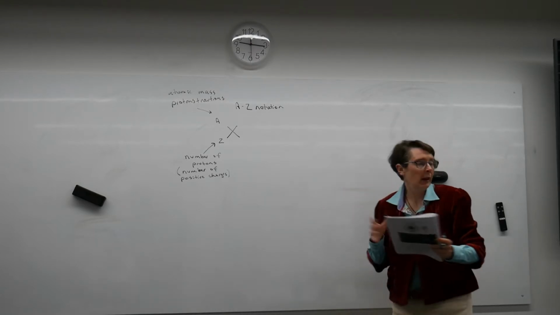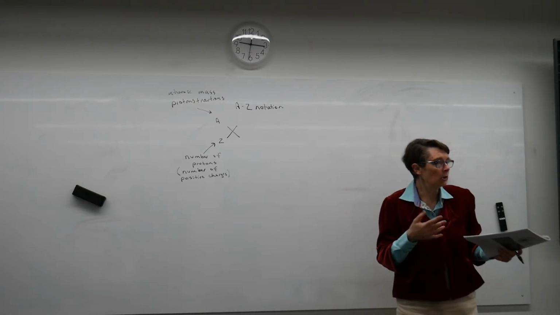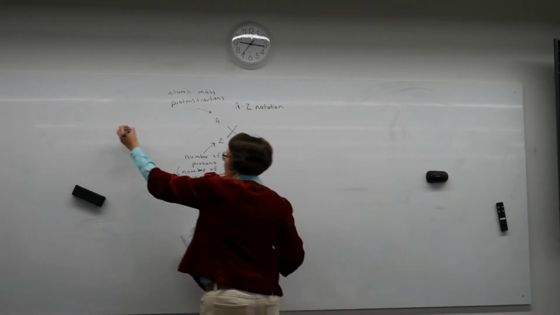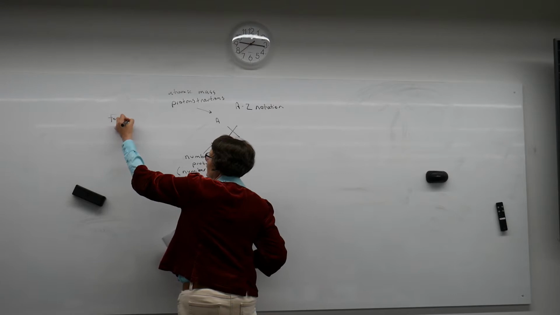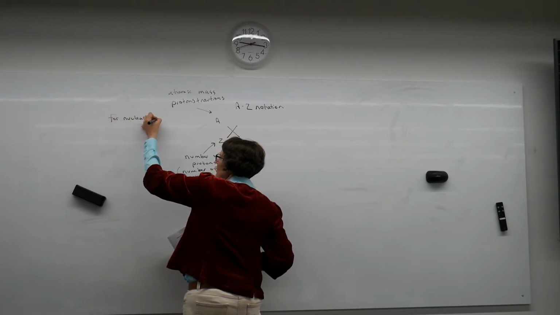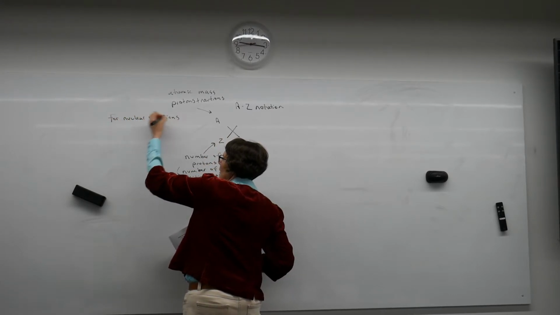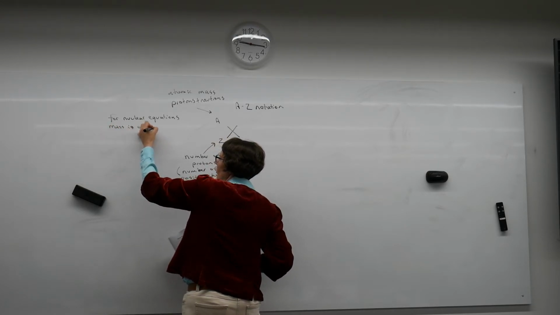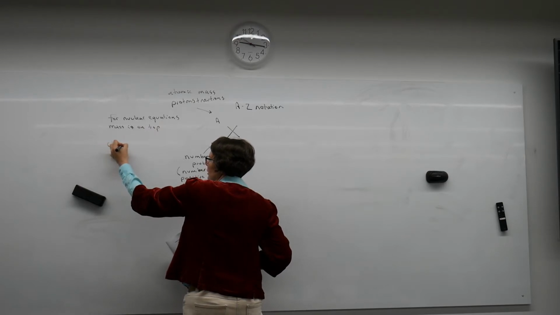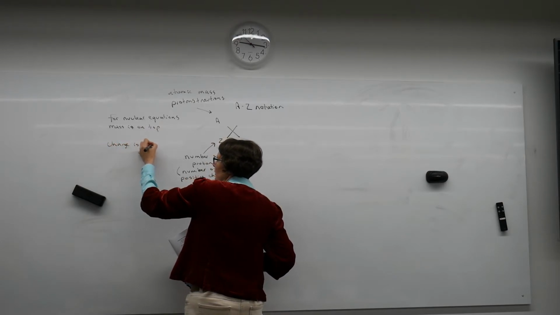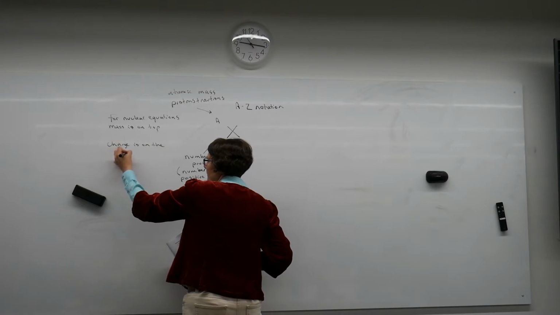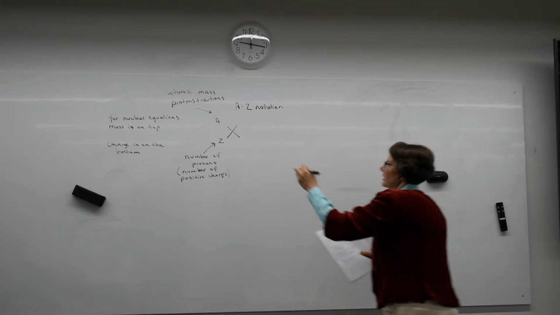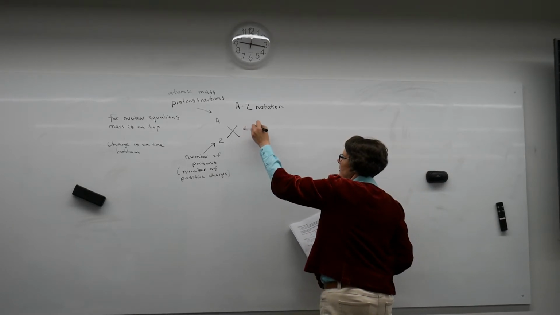And as I said, when we're writing nuclear equations, the mass has to be at the top. So for nuclear equations, mass is top, charge is on the bottom. And this X is the symbol for the element.